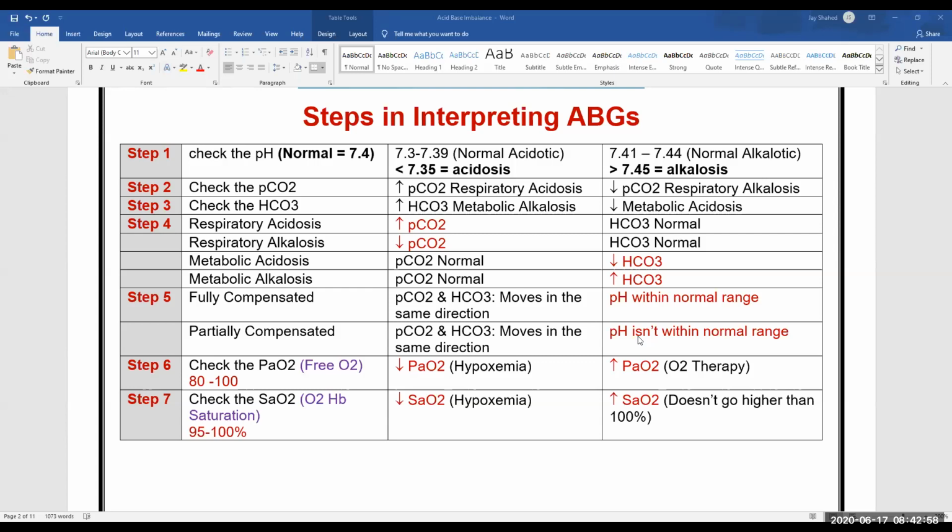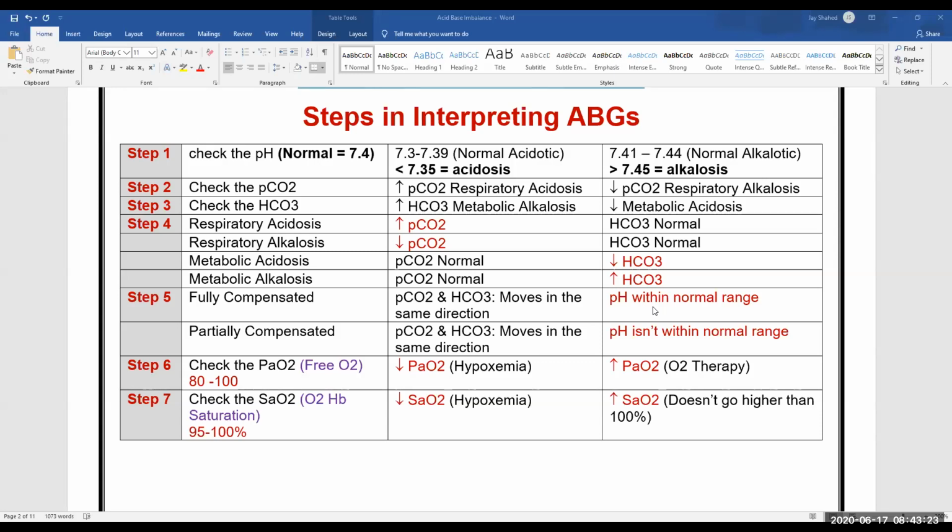If the pH is 7.32, it is not fully compensated, it is partially compensated. To be fully compensated, you have to have a pH within the normal range, which is 7.35 to 7.45.